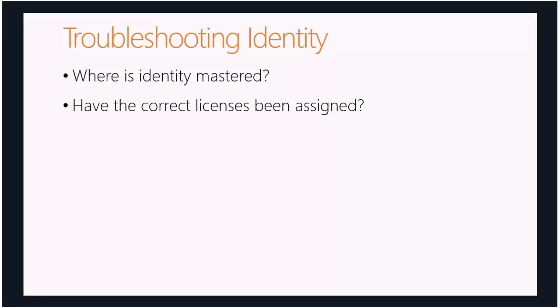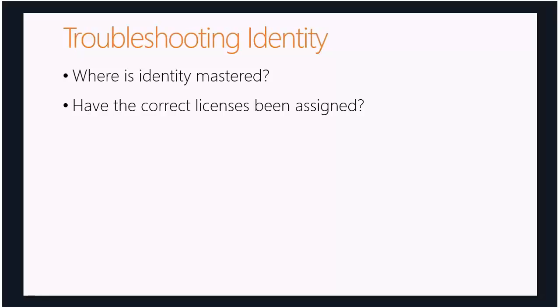The second thing that seems to happen in a lot of cases is people fail to allocate users the correct licenses. So again, you remember that in some cases you may have users that have different licensing. So some of them may have a suite, some of them may have a kiosk plan, some of them may have a number of different options, and they may be assigned different licensing environments.